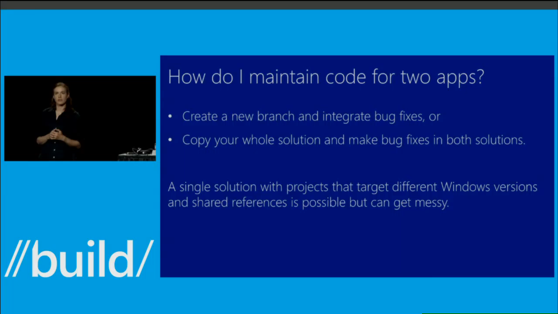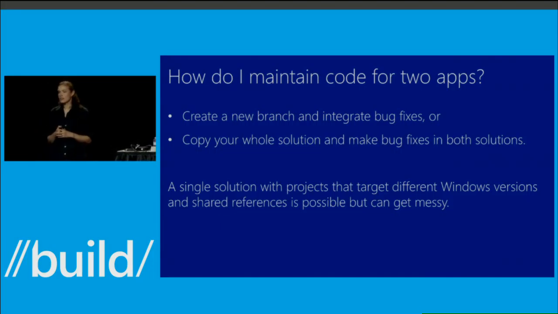And if you have bug fixes that need to go into both, then you'll just integrate them across. And this is how Microsoft handles this particular question. If you do things like backup to a thumb drive or a share or some other non-source control method of backing up your code, you're probably just going to copy that solution and start fresh with an 8.1 copy.